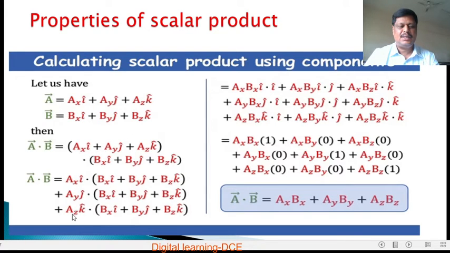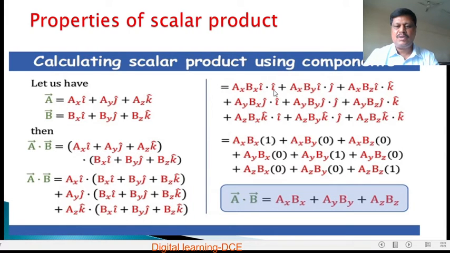Similarly, plus Az Bx into k cap dot i cap, plus Az By into k cap dot j cap, plus Az Bz into k cap dot k cap.